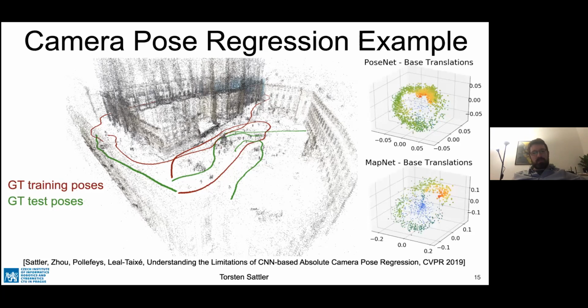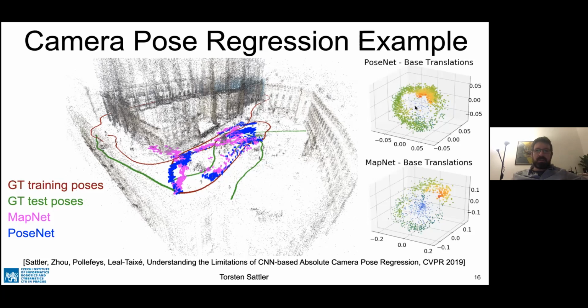However, if you try to predict poses for the test image, then you see that they're actually rather far away from the real positions and orientations, and instead they cluster around the training poses, maybe some sort of linear interpolation.